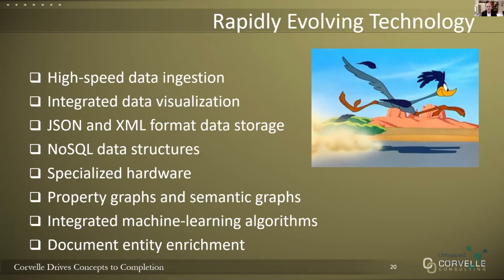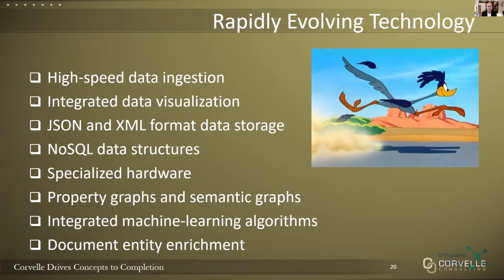Native JSON and XML data formats. They avoid a lot of translation on import and output. NoSQL data structures. Most of the existing products just support one of the 4 data structures that I described earlier. We'll see more products that support more than one of those.